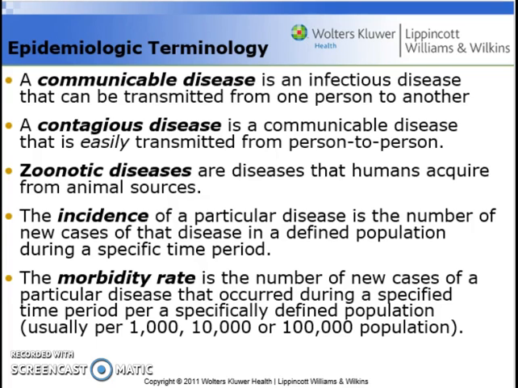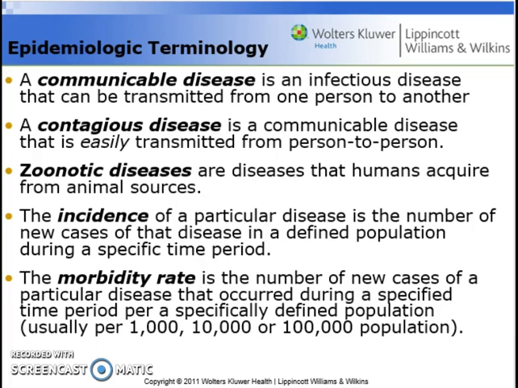A communicable disease is an infectious disease that is simply transferred from one patient to another. It's communicable because you can essentially come into contact with it through socialization with another person. Contagious disease is also an infectious disease, and it is a type of communicable disease.